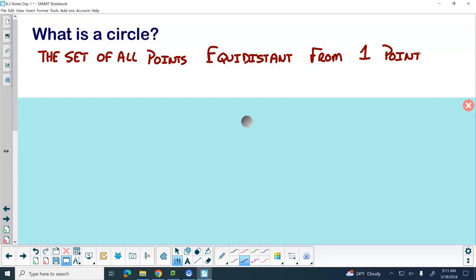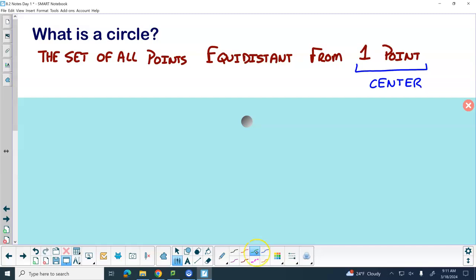Okay? It's the set of all points equidistant from one point. That one point, this one right here, has a name. We call it the center of our circle.